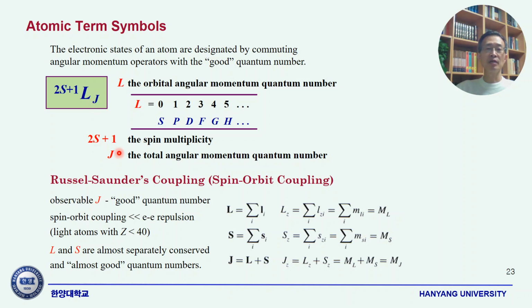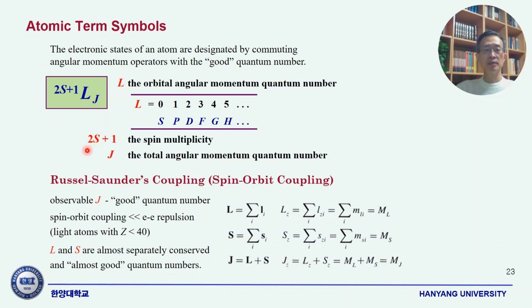And the right subscript is the total angular momentum quantum number J, which goes from L plus S, minus 1, down to the absolute value of L minus S. Okay, this is how you obtain the atomic term symbol.